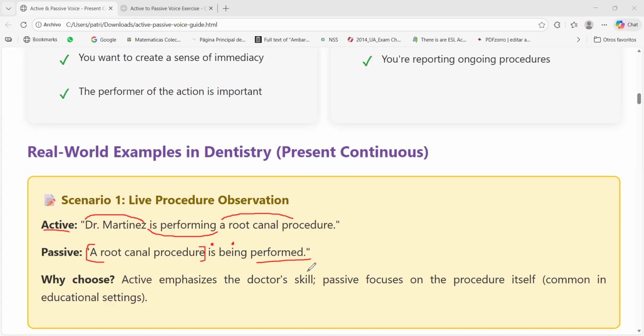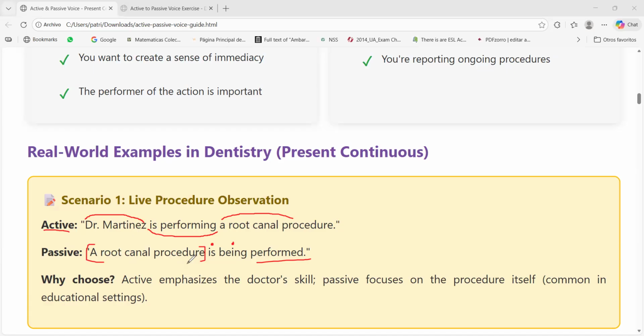And where is Dr. Martinez? Ah, it's implicit, not necessary, because we consider a root canal procedure is being performed.